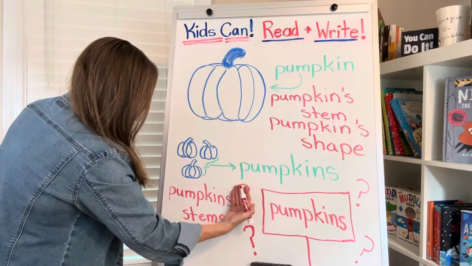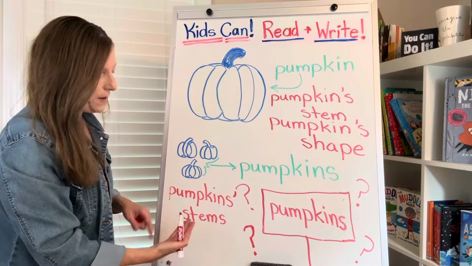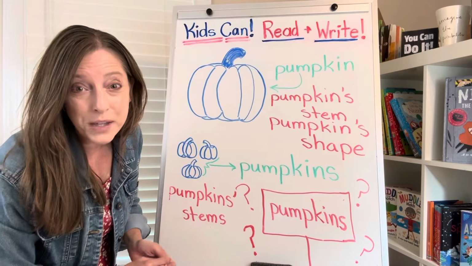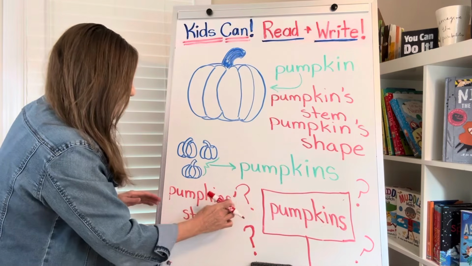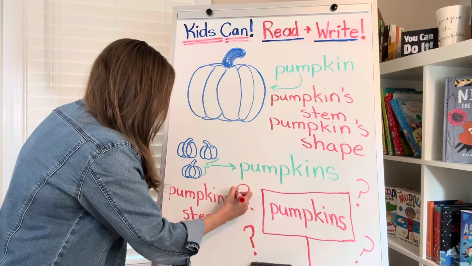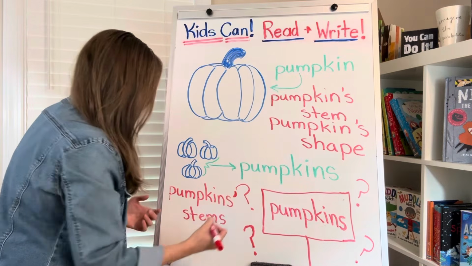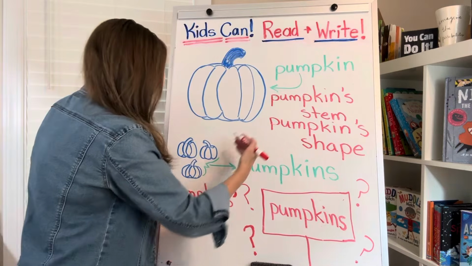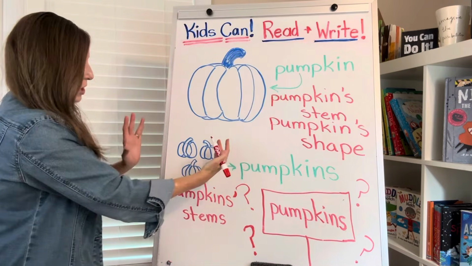That's plural possessive because this belongs to more than one. Plural meaning more than one, so we add that S, but we need to make it possessive, so we add the apostrophe, okay? Pumpkins' stems. We could say the pumpkins' shapes.